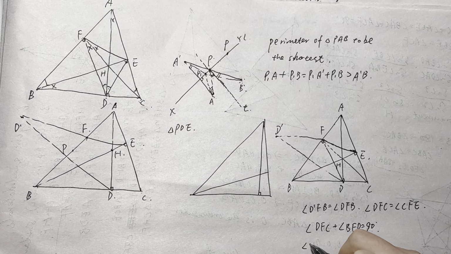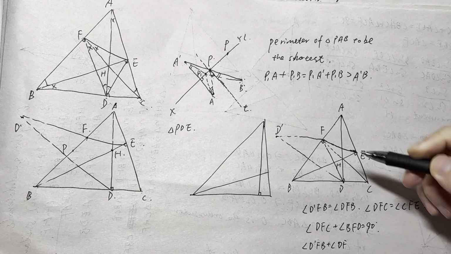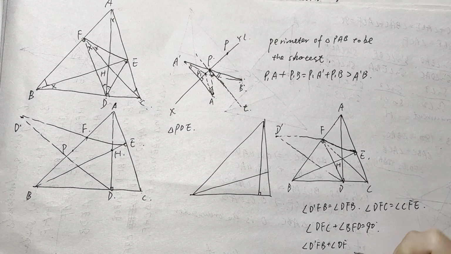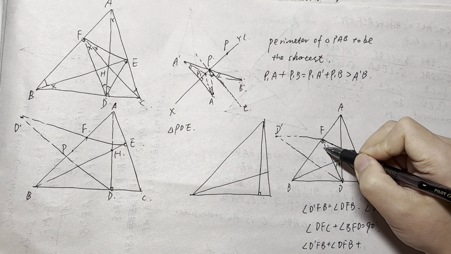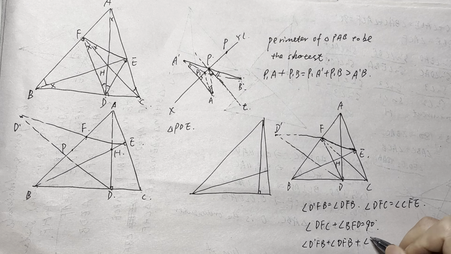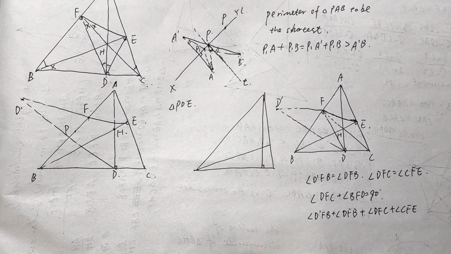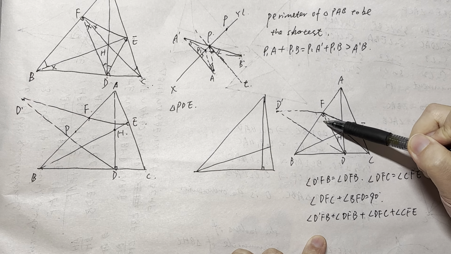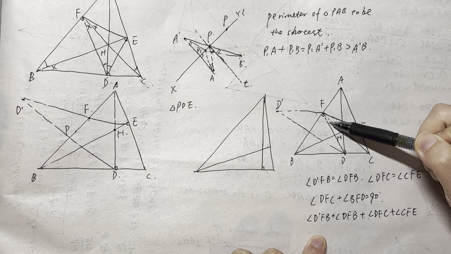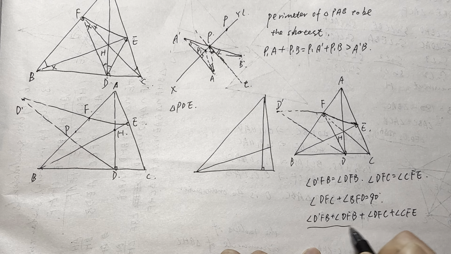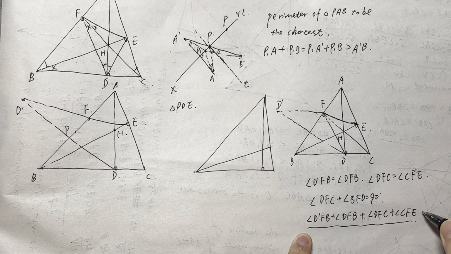That means angle D prime FB plus angle DFB plus angle DFC plus angle CFE, see, because this one equals this one, and the sum of these two angles equals 90 degrees, that means the summation of these four angles equals 180 degrees, right?